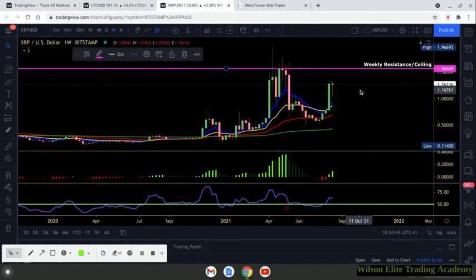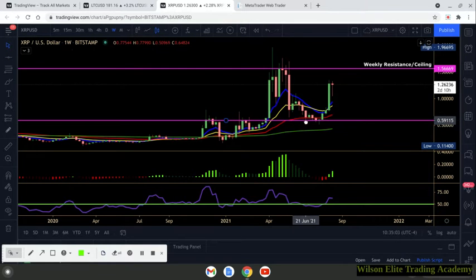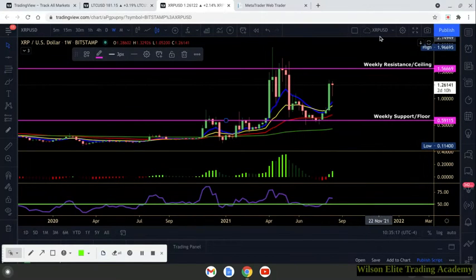Then what I will look for is my weekly support or my weekly floor. Once again, based off this candle right here, where was the last lowest low? Well, right here. So I get my horizontal line, place it right here, then write weekly support slash floor. All right, so I have a zone based off the weekly time frame.